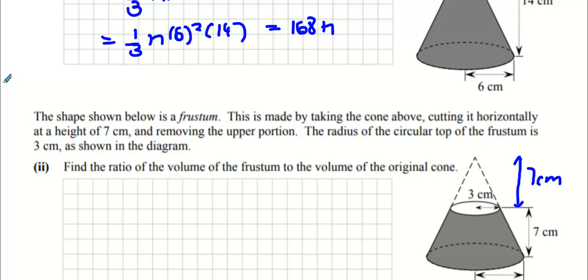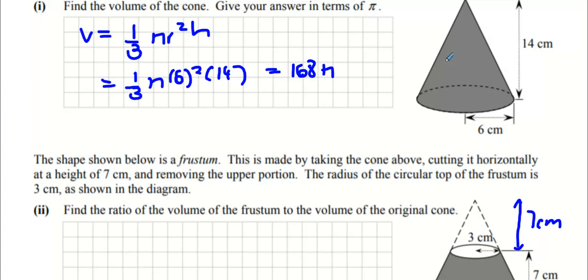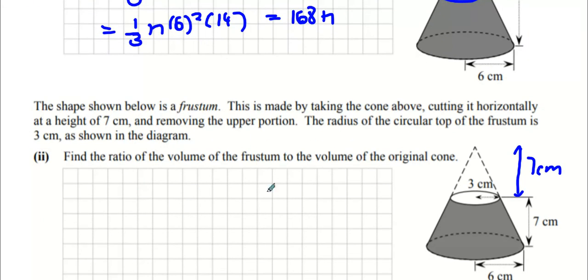Okay, so your original cone is 14 and you slice it in half. Now you've got to remember it's in proportion. So if that's a height of 7, it means this radius will be 3, because if you halve the height, you halve the radius. Okay, so the radius is 3. That made it way too easy for you.